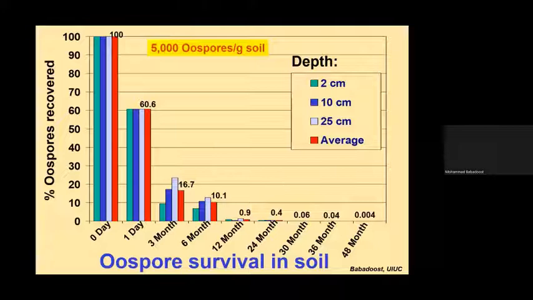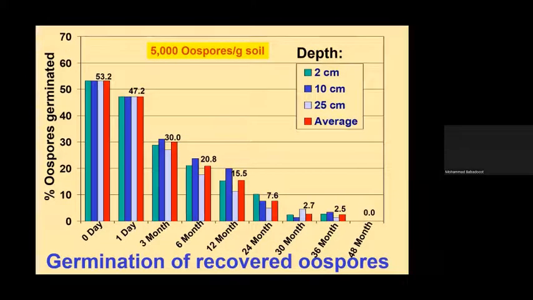So even 48 months later, we were able to extract sporangia and oospores from the soil. What about viability? Viability declines too. We found oospores are viable, meaning that we can culture them, we can inoculate plants, and they produce disease.